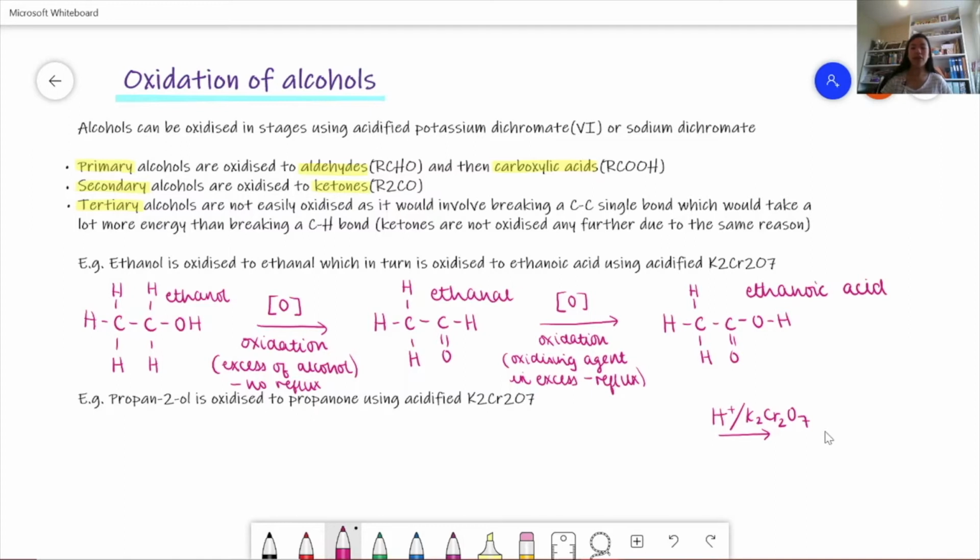Now for the second example, we have propan-2-ol, which is a secondary alcohol, and we're going to oxidize this to propanone, which is a ketone, using acidified potassium dichromate.